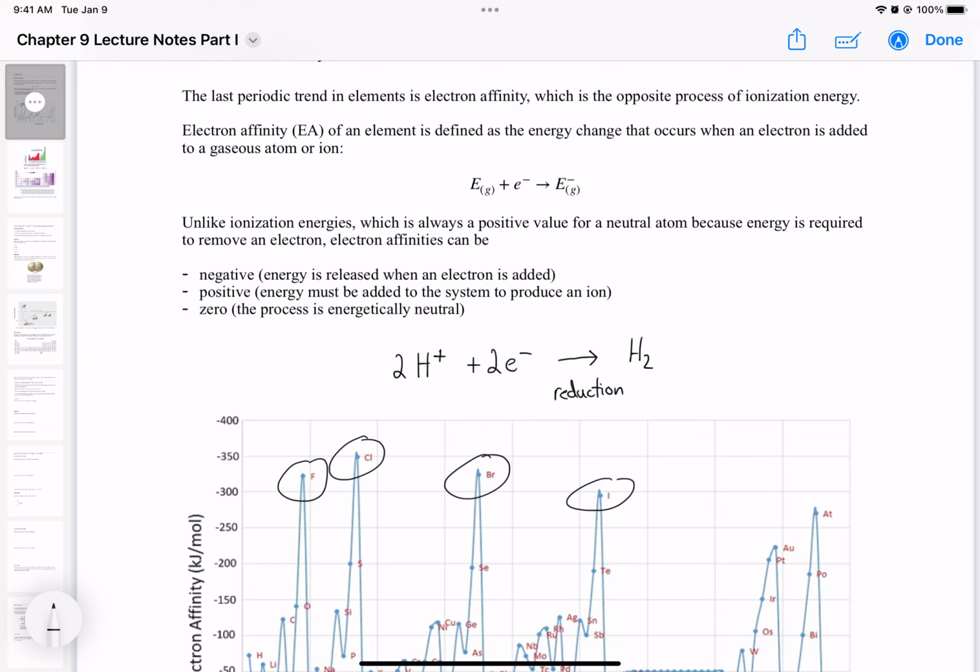So an element or atom that has a relatively high electron affinity will be a good oxidizing agent. So it wants to be reduced. Okay, so these processes are related to reduction. So it's the energy change associated with gaining an electron, right? So the halogens are particularly good at that.